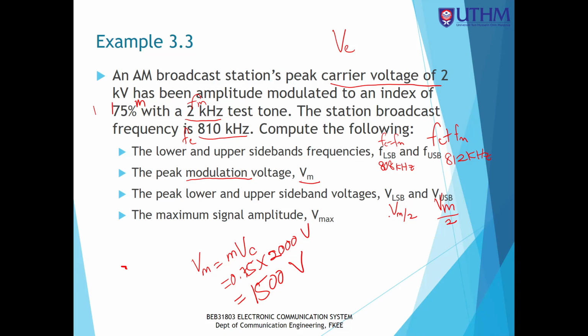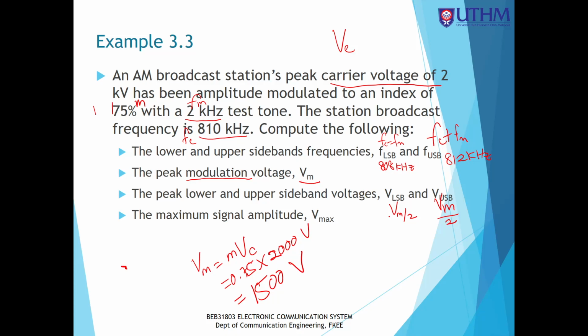Okay, so 745 milliwatt plus 125 milliwatt plus another 125 milliwatts. So kalau you kira, 745 plus 125 plus 125, so you will get 995 milliwatt. So that one is the effective power, because all of the power components given here is the effective power.